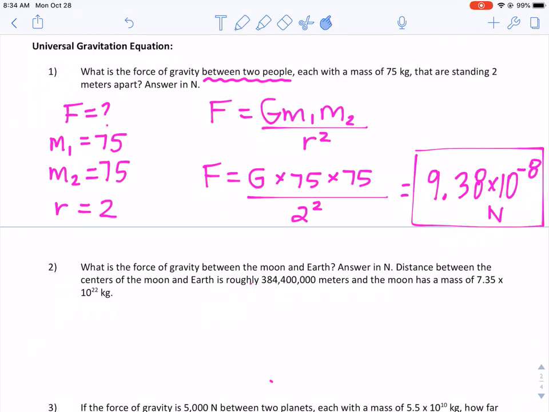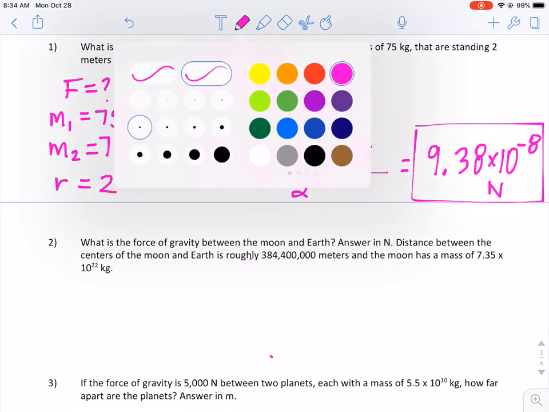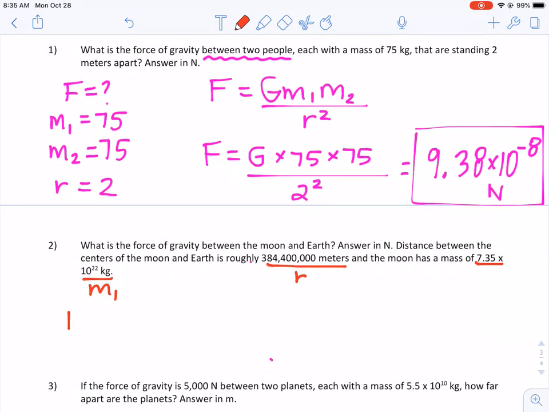Number 2, what is the force of gravity between the moon and Earth? Answer in newtons. It gives us distance between the centers, so that is giving us R. And the moon has a mass, so that's one of our m's. So we are solving for F. One of the m's is the mass of the moon.